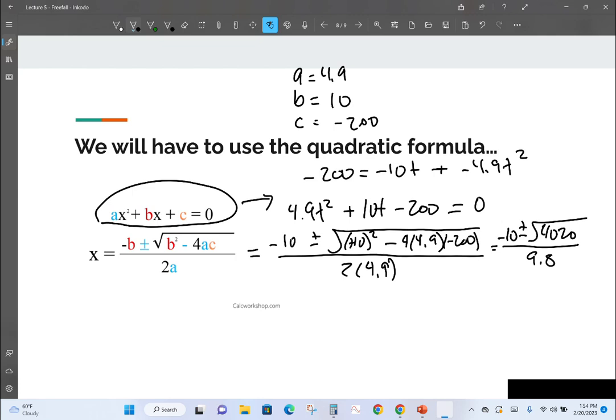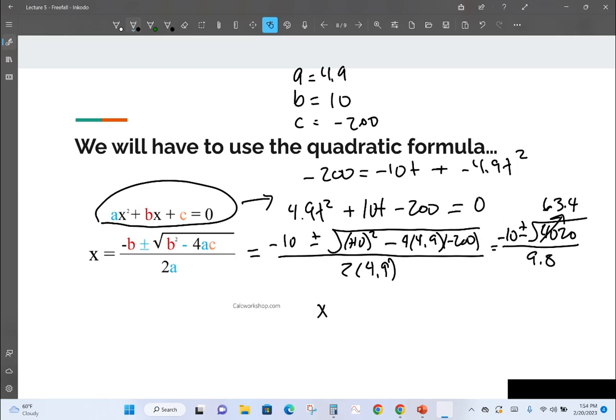Now, if I take the square root of 4020, I get 63.4. So I'm either going to want to add or subtract that, so that I end up with a positive number. Well, if I subtract it off, negative 10 minus 63 is going to be a negative number. So that's not going to be a solution.